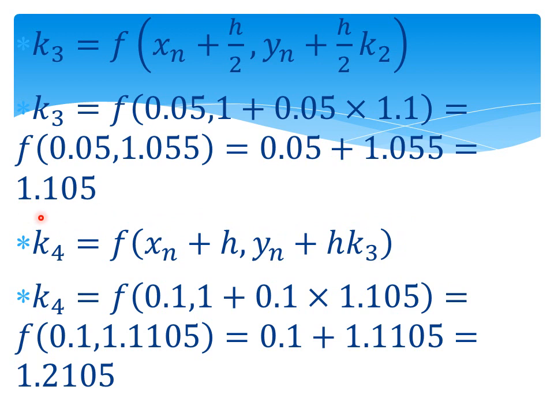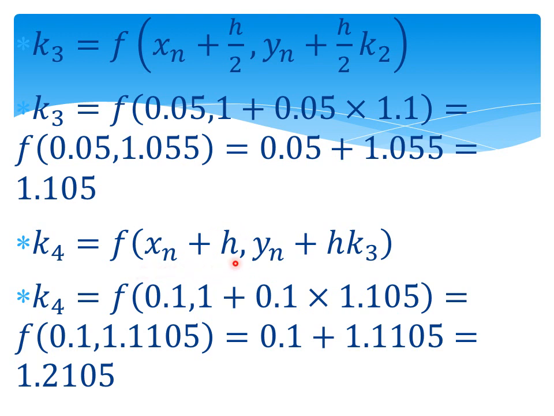After k3, we will find k4, because this is the fourth order of ordinary differential equations. You can see here the k4 formula. x naught is 0 plus h, and the value of h is 0.1.